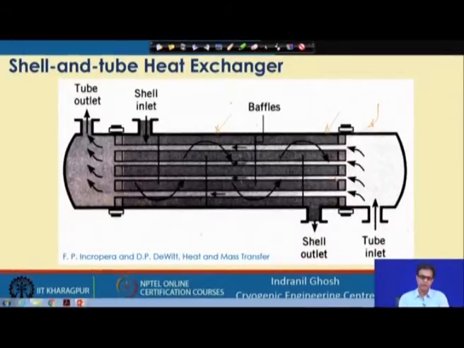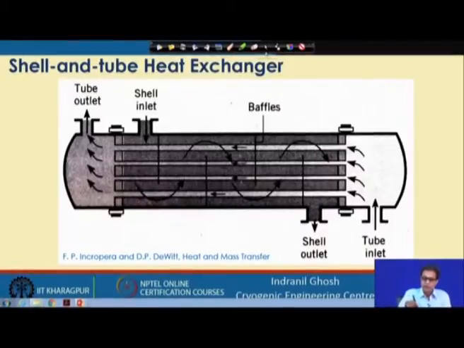So, we have to design it in such a way that the thermal contraction or thermal expansion due to the differential temperature between the shell side fluid and the tube side fluid can be taken care of, and it is not generating thermal stresses which are not good for the heat exchanger.